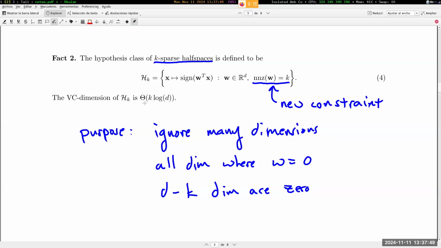A simple fact that you'll need to know but not prove is that the VC dimension of this hypothesis class is k log d.